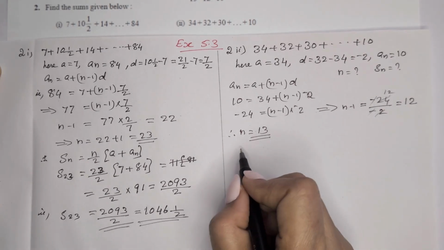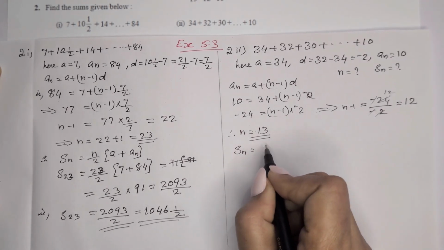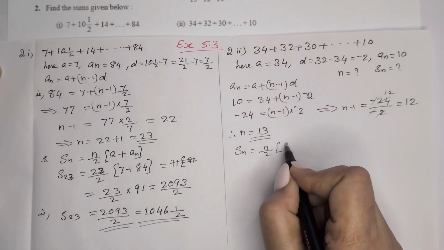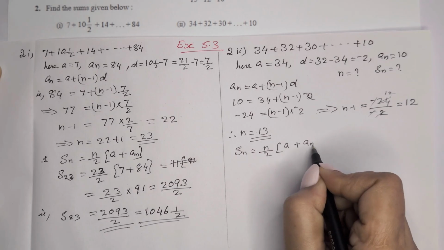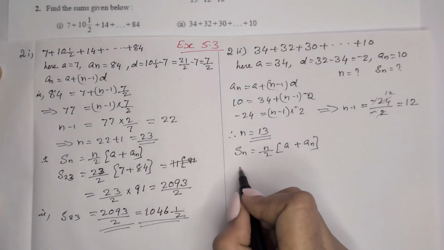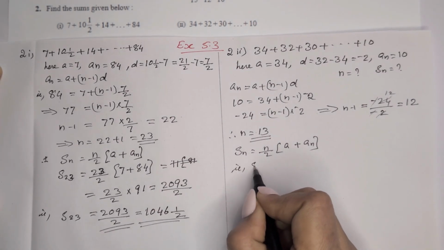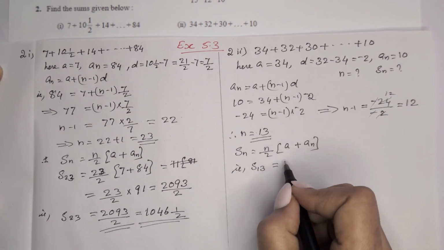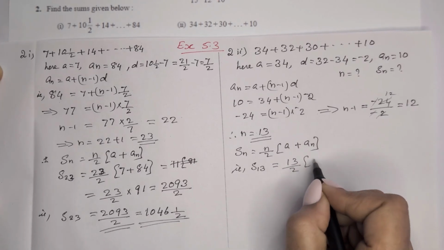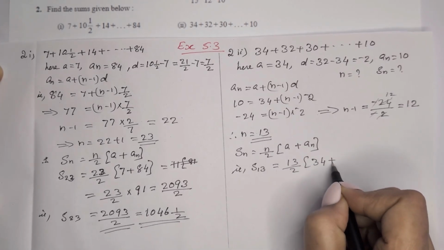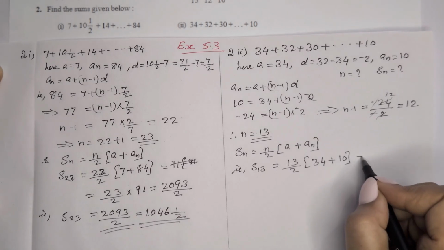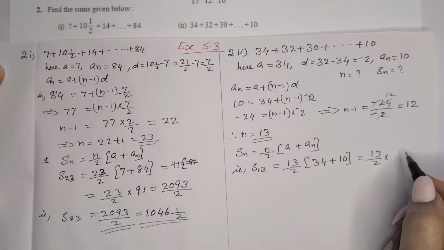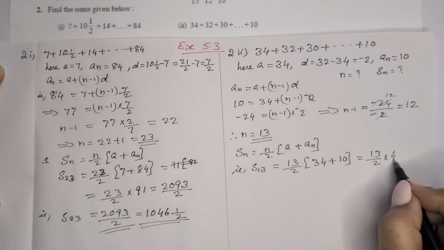First part we got. Now apply it in the formula. Sn is equal to n by 2 into a plus an, since the first term and last term are given. That means S13 is equal to 13 by 2 into 34, the first term, plus 10, the last term, which is equal to 13 by 2 into 44.